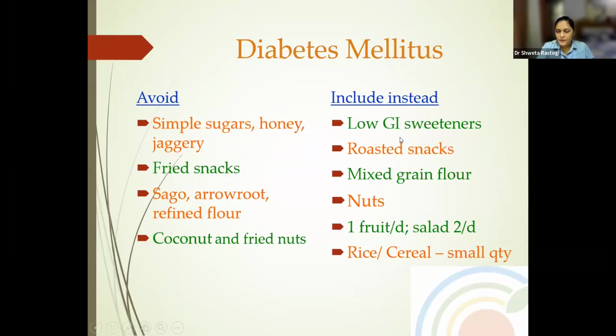So what do we give? Patients then go on to artificial sweeteners, chemical sweeteners, or natural sweeteners. So what we have zeroed down on is that all the chemical sweeteners are giving side effects at one point in time or the other. Stevia, which used to be talked very high some years back, has also shown to have some side effects in patients. So we are not very much in favor of using stevia.